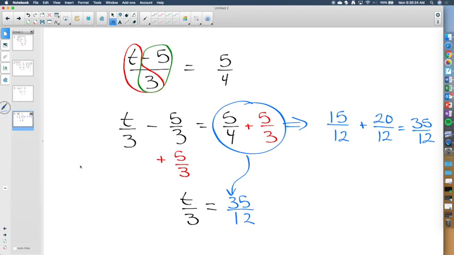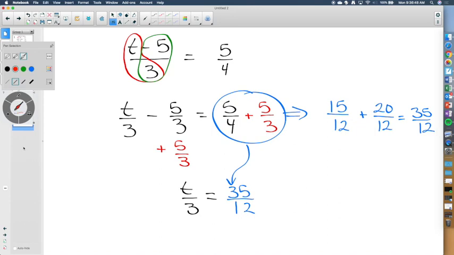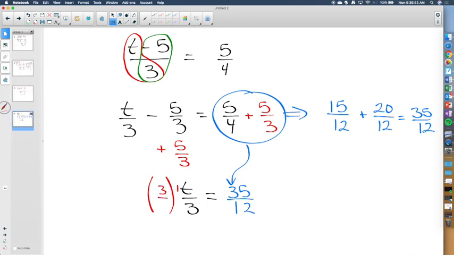Okay? All right, so now that I've got t over 3 is equal to 35 over 12, I got to get rid of that 3. So remember, when we're working with fractions, I know a lot of you guys enjoyed remembering that there's a 1 in front of the t as its coefficient, and you found it easier to multiply both sides by the reciprocal of our coefficient.